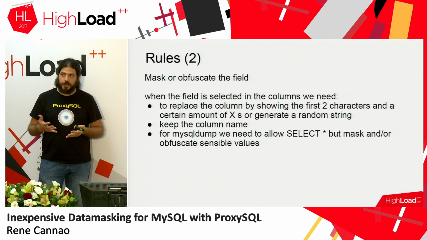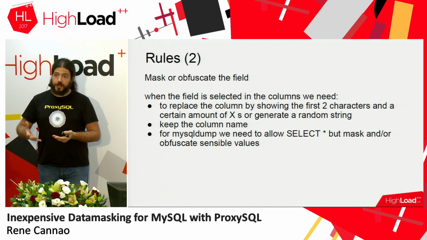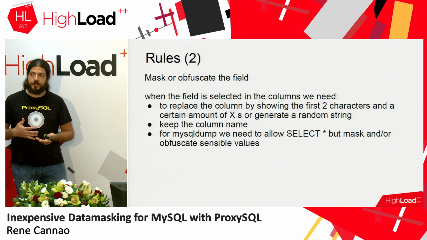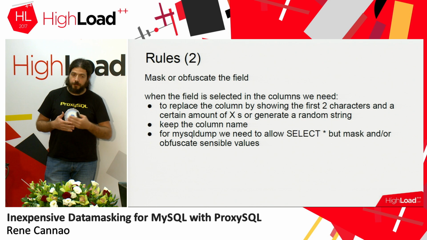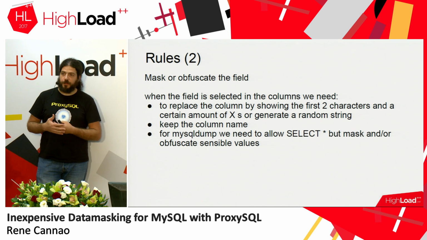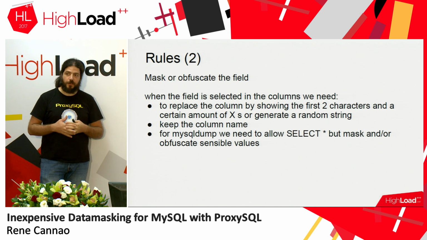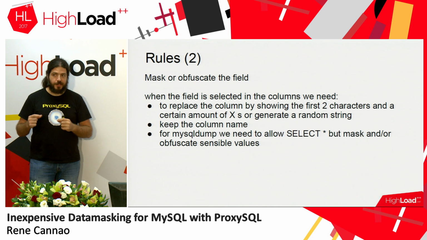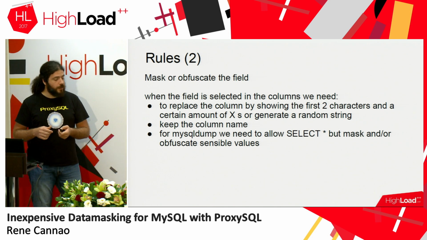But what is important is that once the query is rewritten, the data definition that the client gets has to be the original one. So if the client executes select first name from table name, the result set that we send back to the client, even if we modify the name, the data definition should be first name, it cannot be something else. So we have to take this into consideration.